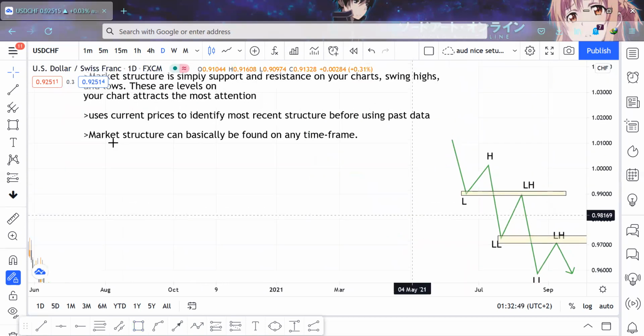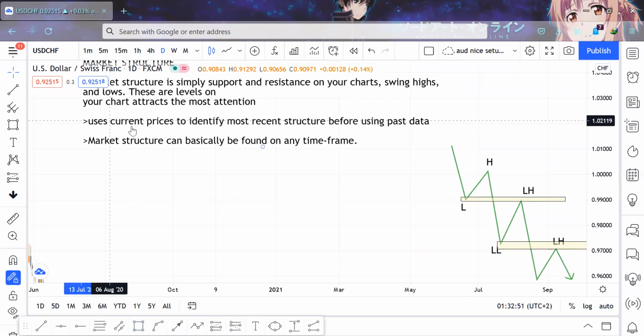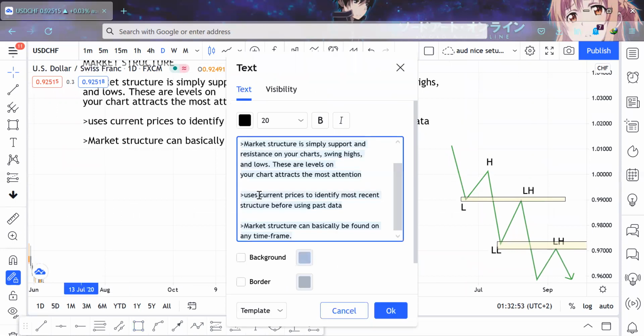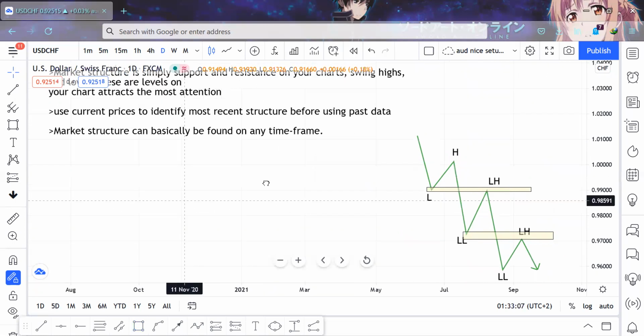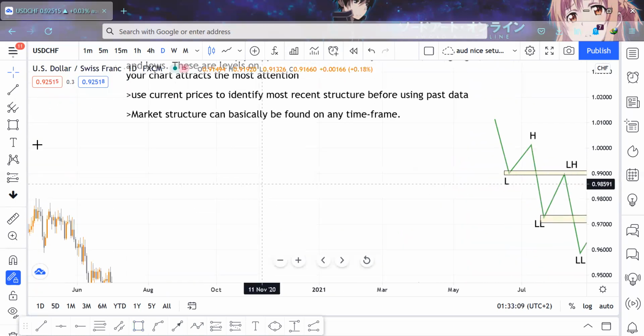You must make sure that you use current price to identify your most recent structure before using past data, right? Now, what do I mean by that? Let me just move this a bit here.